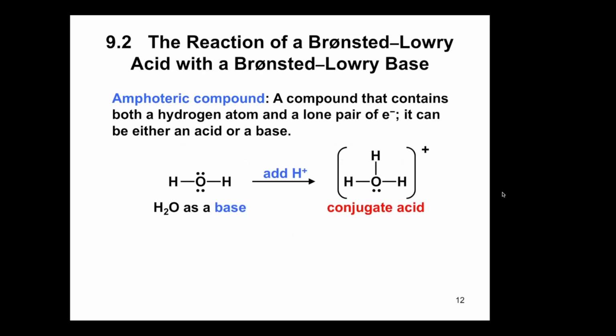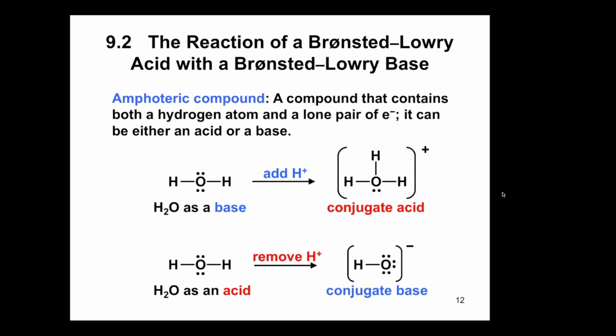So here's an example of water acting as a base. So when water accepts the hydrogen ion or the hydrogen atom, it will become hydronium H3O, which is the conjugate acid. Now, water acting as an acid, if we remove the hydrogen from water, it will form OH or hydroxide ion, forming the conjugate base.